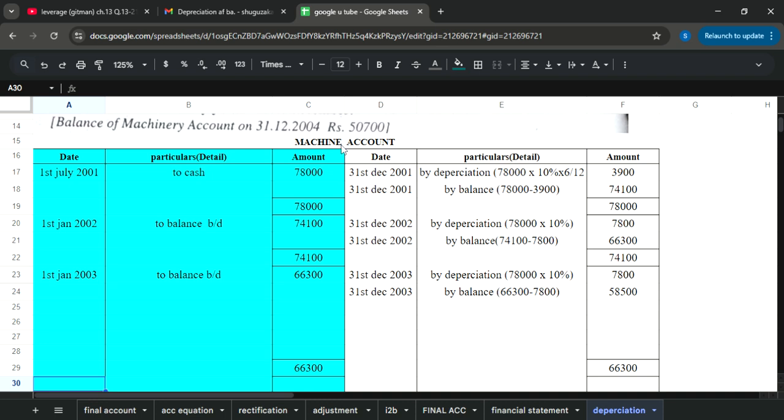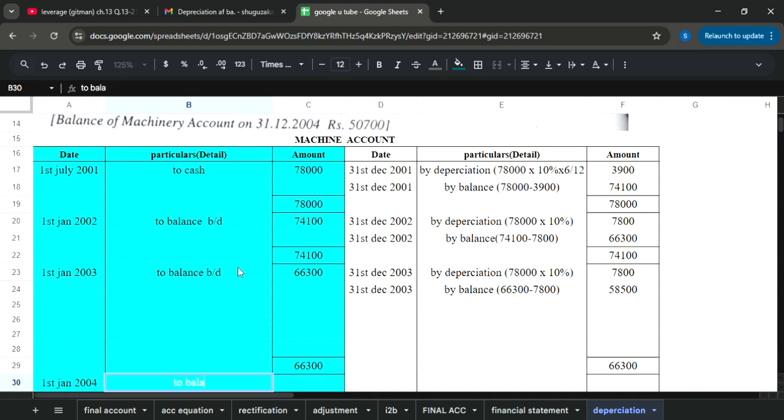So have you seen first, second, third and now the fourth or last year would be started 1st January 2004. Here you will write to balance brought down, how much at the end of third year was 58500. So 58500 amount of balance.